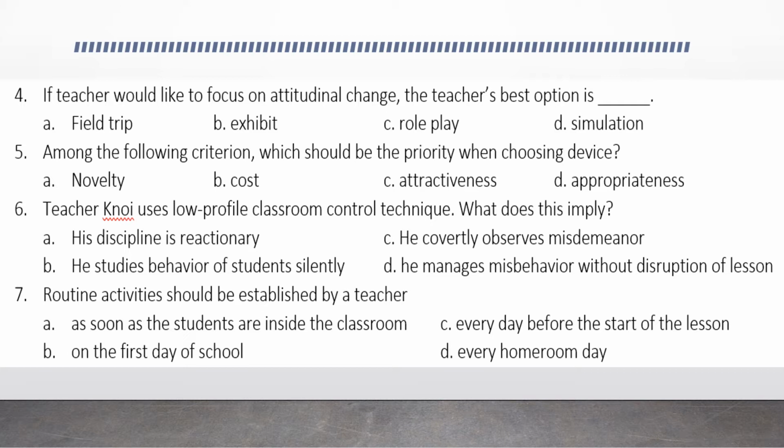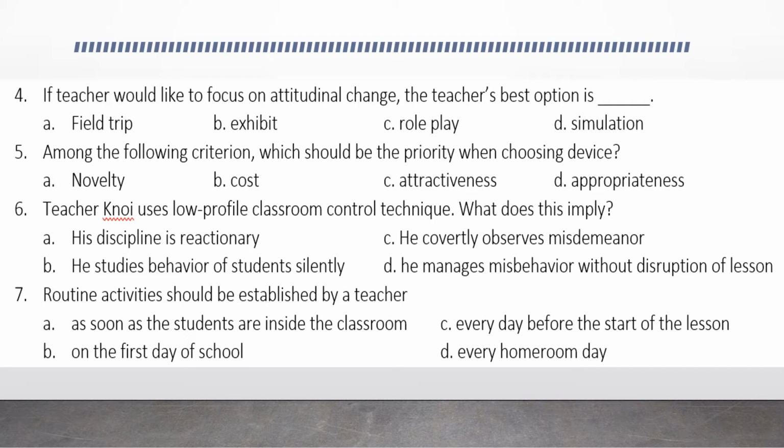Number 5. Among the criteria, which should be the priority when choosing a device? Device here refers to your teaching materials, your instructional materials. So in choosing the right instructional materials, kung mo visual aid, the most important criterion to be considered is the appropriateness, letter D. So what is appropriateness?